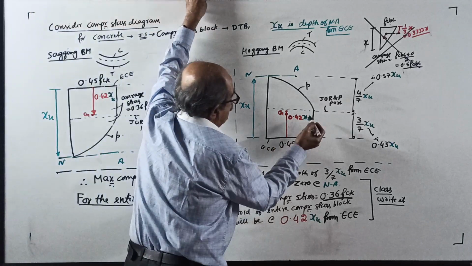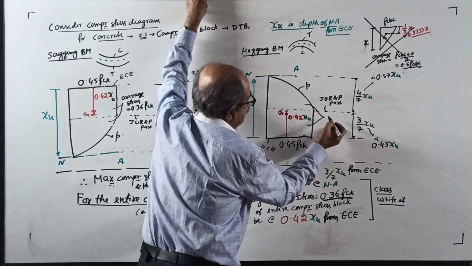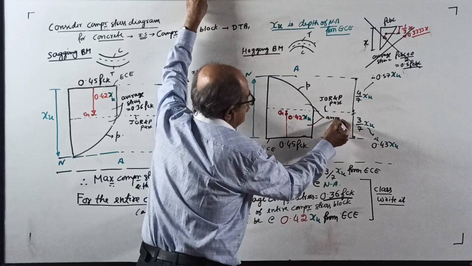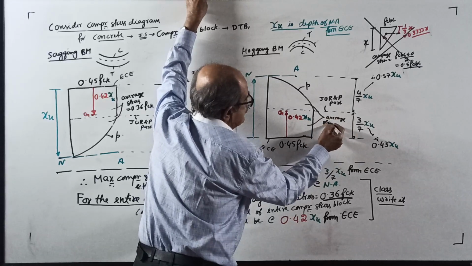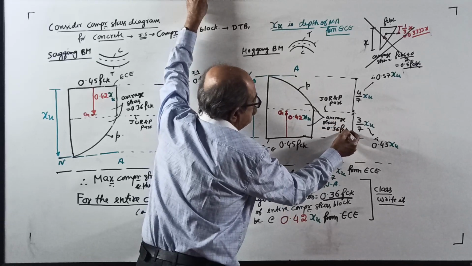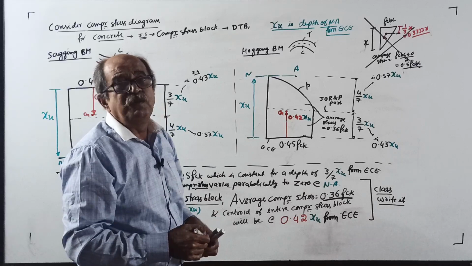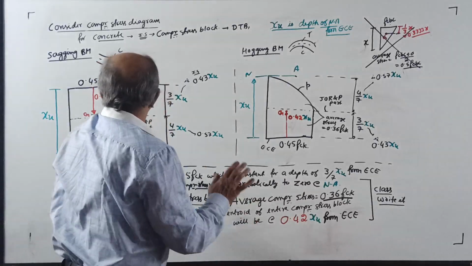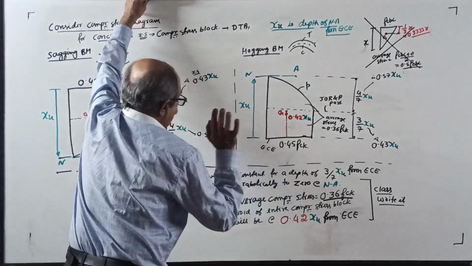Here also, I'll write, for the complete stress block, average stress equal to 0.36 FCK. You take two screenshots, one without marking, one with marking. Okay. So therefore, one concept over now.